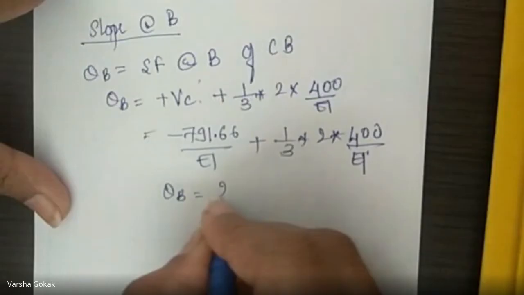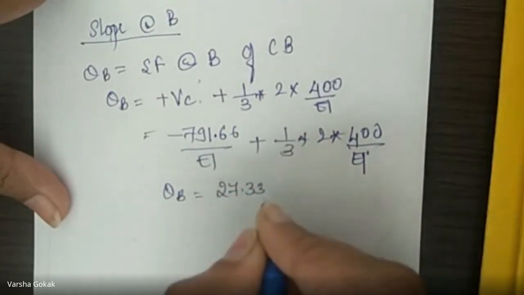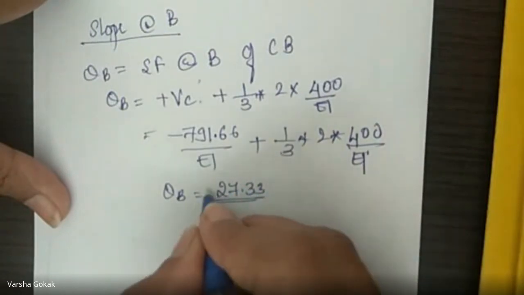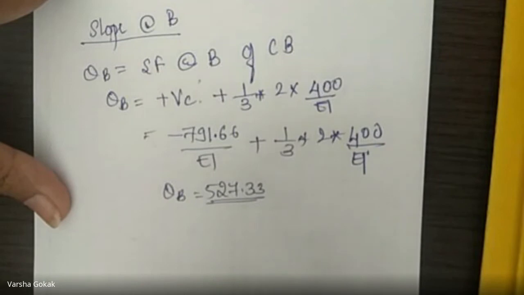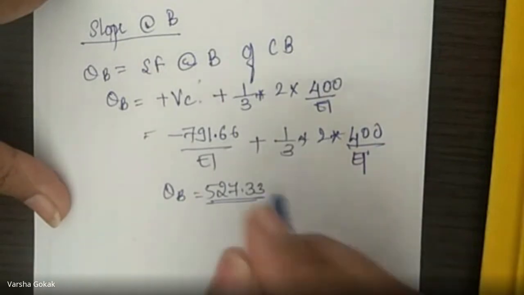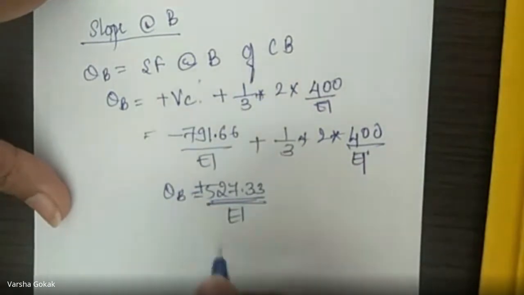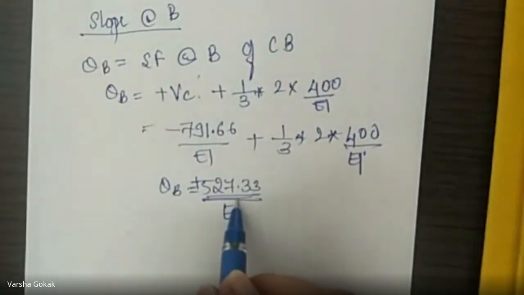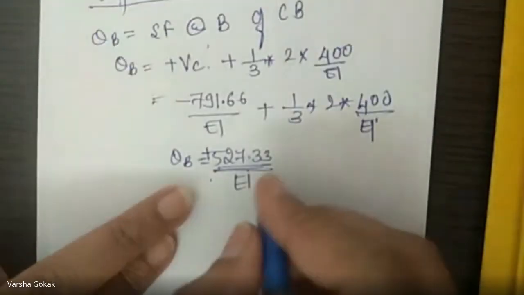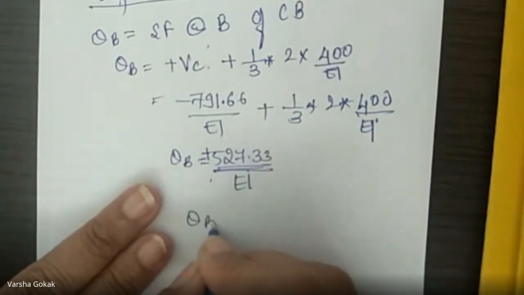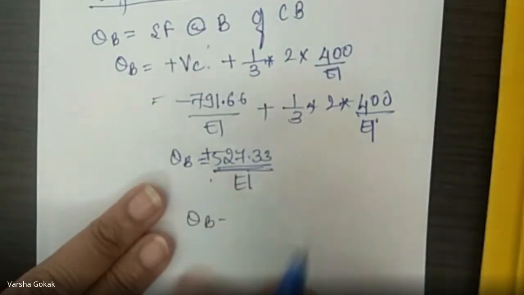You're getting 527.33? Correct? Minus, theta you can keep it as it is, plus only. 527.33. This is the value of theta B. Correct. What you can do here is substitute the values of EI.